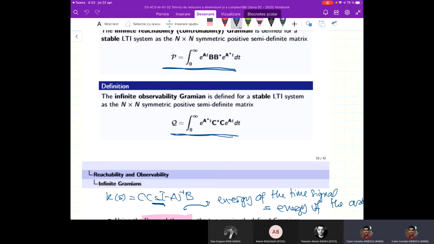represent the main ingredients to assess the quality of a state. So if the input effort is small and the output energy is large, a state is very controllable and very observable. Then this is a relevant state for the dynamics. However, if the minimum input energy required to steer the state from -infinity to 0 is large and the output energy is small, then the state is not too controllable and not too observable.